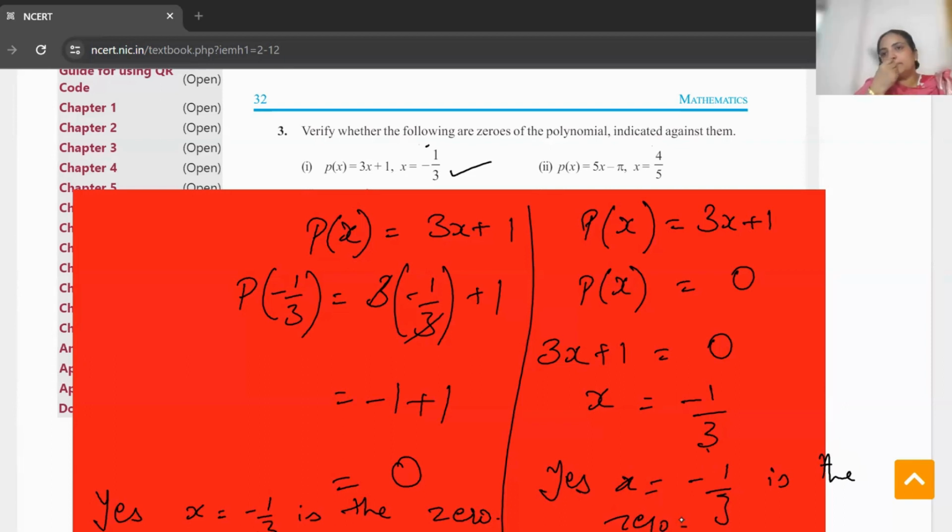This concept should be clear in mind that the value of x which makes the complete polynomial 0, that is its zero. So either you put that value and check if it leads to 0 or not, or you yourself equate it with 0 and find the zero. Both can be the approaches here. Understood?